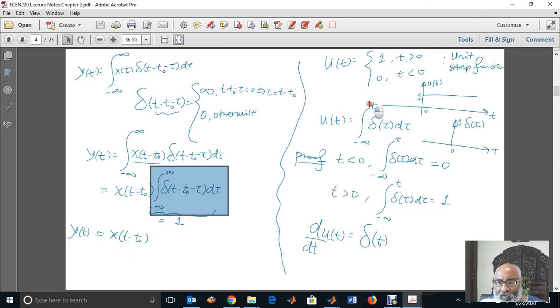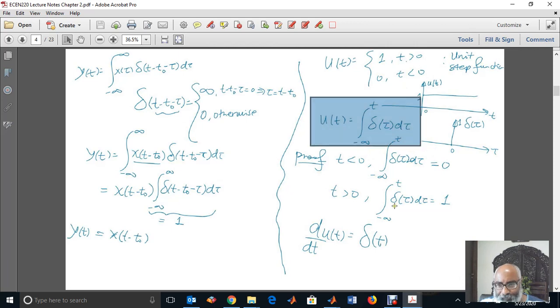If I have u of t, this is the unit step: u of t is equal to 1 for t greater than 0, and 0 for t less than 0. And remember, the unit step function is the integration of the unit impulse function. For t less than 0, this integration will be 0 because the impulse is at tau equal to 0, and for t greater than 0, this is equal to 1.